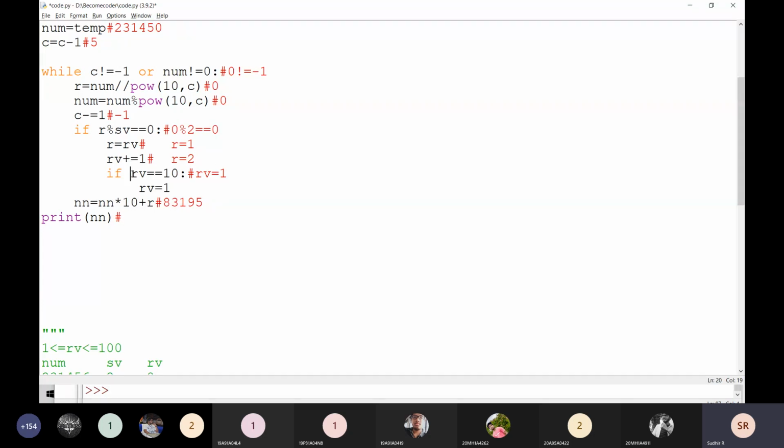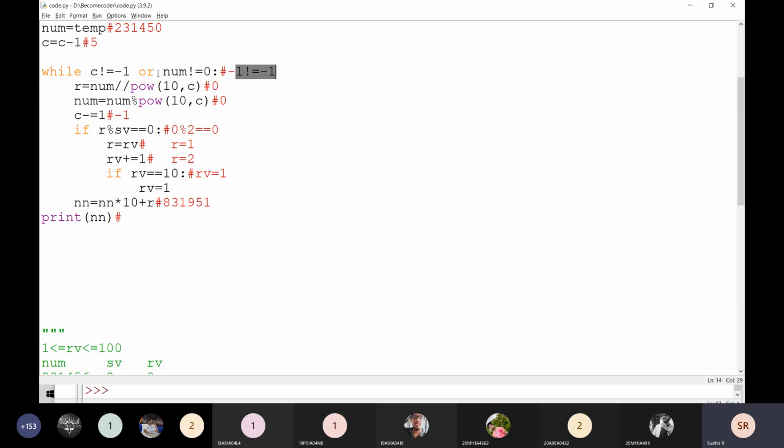Then it is not entering into this one, and what is R value now? R value is going to be 1. Then it becomes 1 like this, and minus 1 not equal to minus 1. Is it true? False.